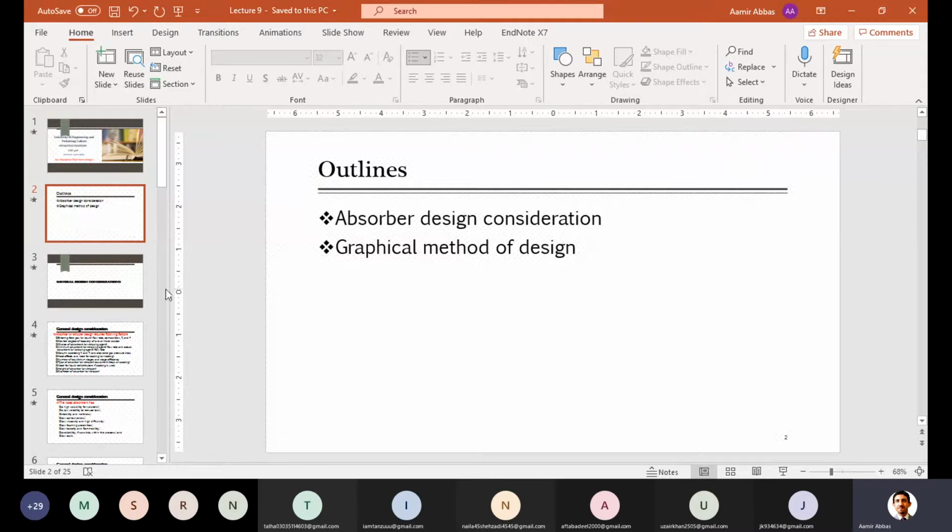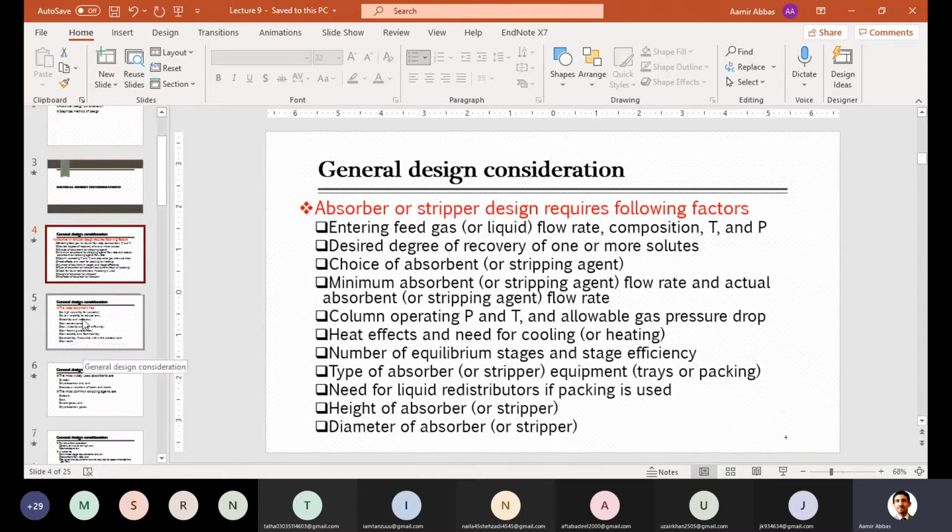Just after completing that, we discussed briefly the general design considerations: the conditions on which the liquid or the gas is entering, their flow, composition, temperature, pressure. We discussed quickly what you will be calculating, and that when you have some of this information, it will be easy for you to select the specific equipment, either a tray tower or the packed tower.